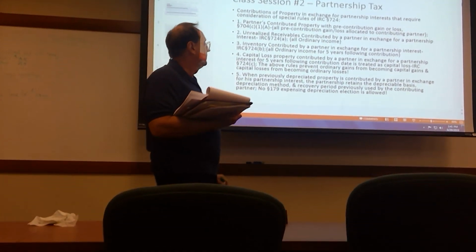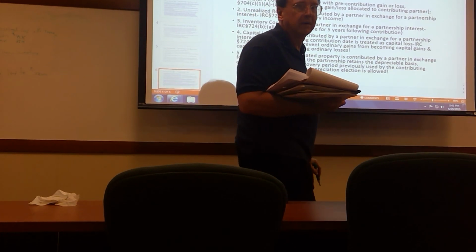In the partner's hands. So does 3 apply or doesn't it apply? It's contributed inventory, but it's not inventory in P's hands when he contributed. So 3 does not apply.